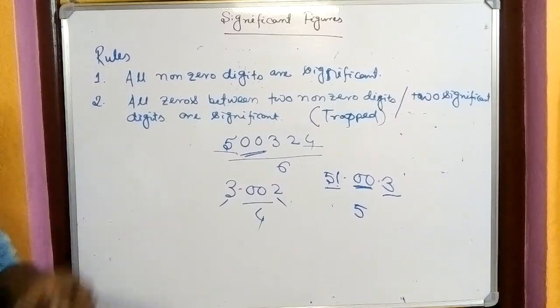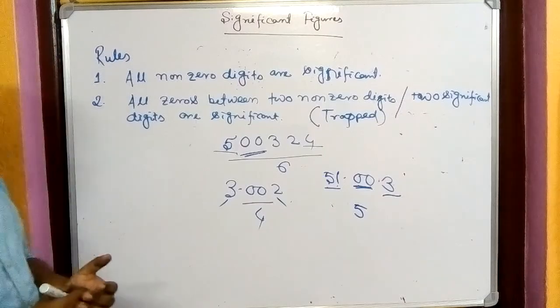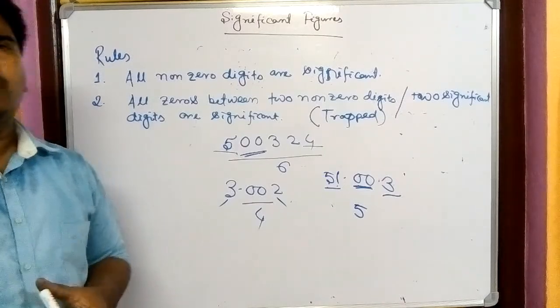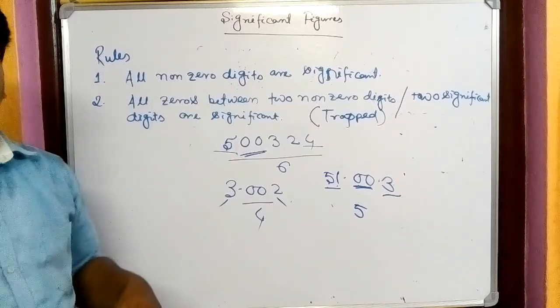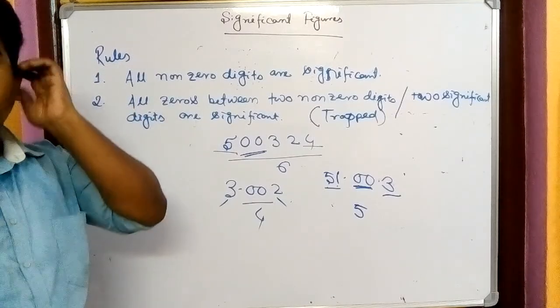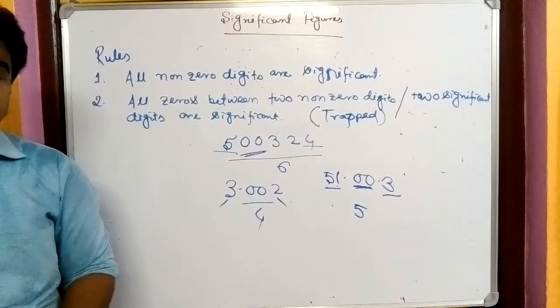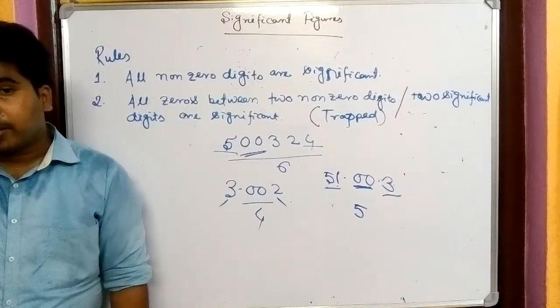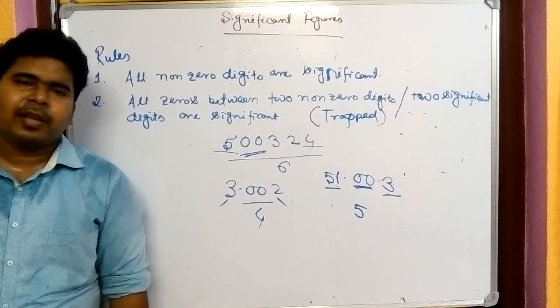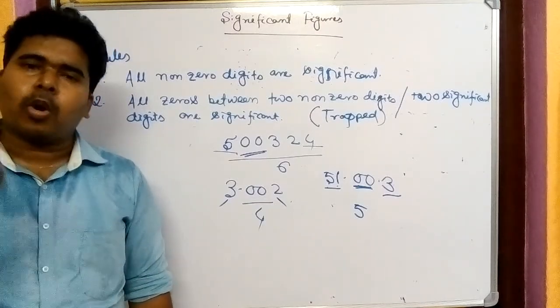Simple thing. It is not a very high level problem we have discussed. But you might be thinking, sir, it's very easy then. But there are many more problems in significant figures. That's why questions are asked in NEET and JEE several times from significant figures, and believe me, 60 to 70% of students get it wrong.